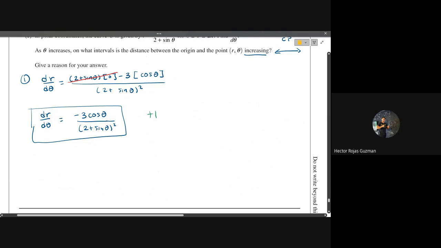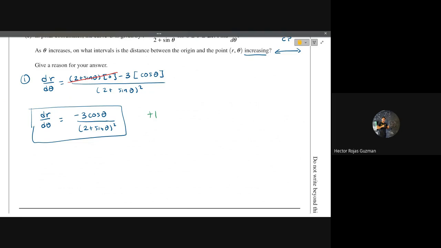We want to find some intervals where the function is increasing. So like I told you, we're going to go ahead and set it equal to 0. Now, either way you see it here, the denominator does not play a role.